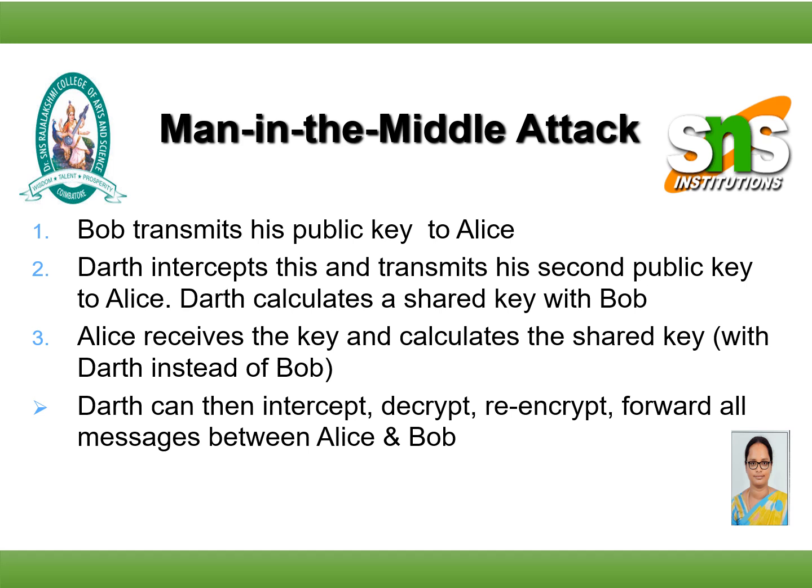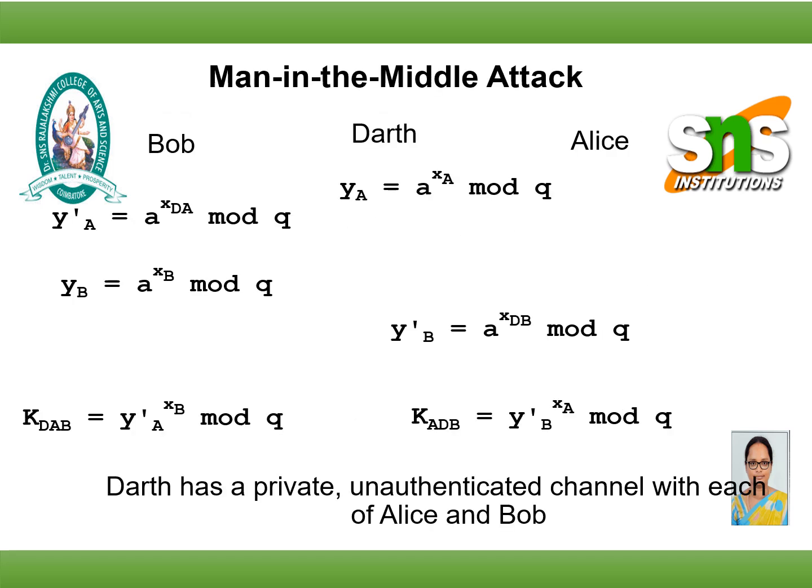In between, he shares his public key and calculates the shared key with Bob. So by this, one person intermediates between Bob and Alice and captures all the information they shared with each other.